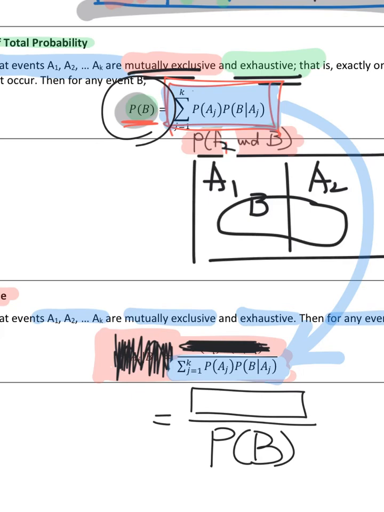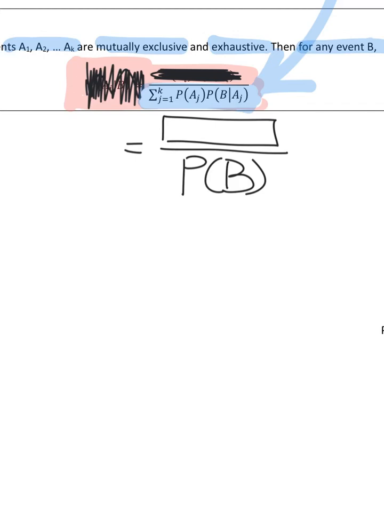We replace the denominator; it is the same as just the probability of B. Let me clean up the numerator. Let me copy this one onto the second equation, the probability of A. I have to change it.